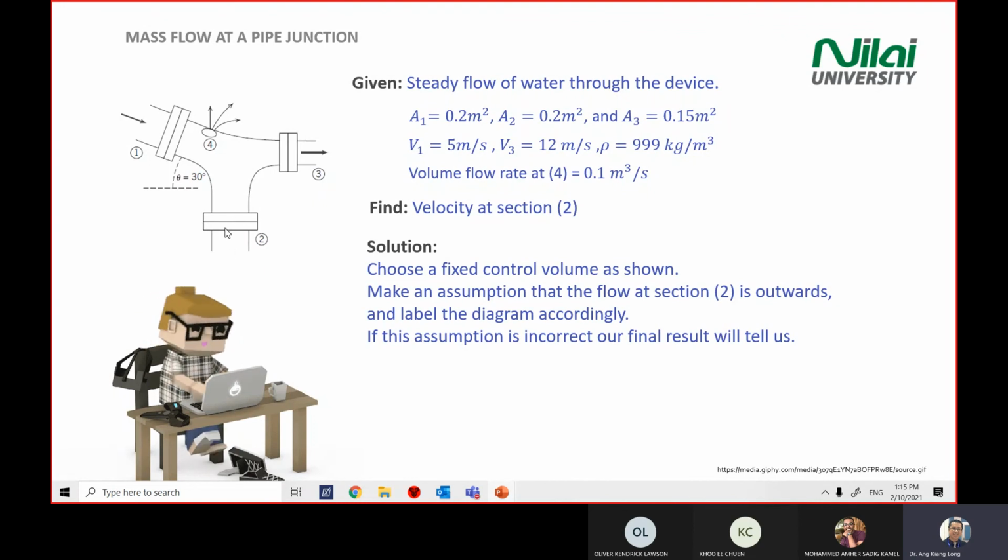Although there's no direction given here, we assume first. When you assume it's going this way but get a negative value, it means what you assumed is wrong. You just explain the negative sign.